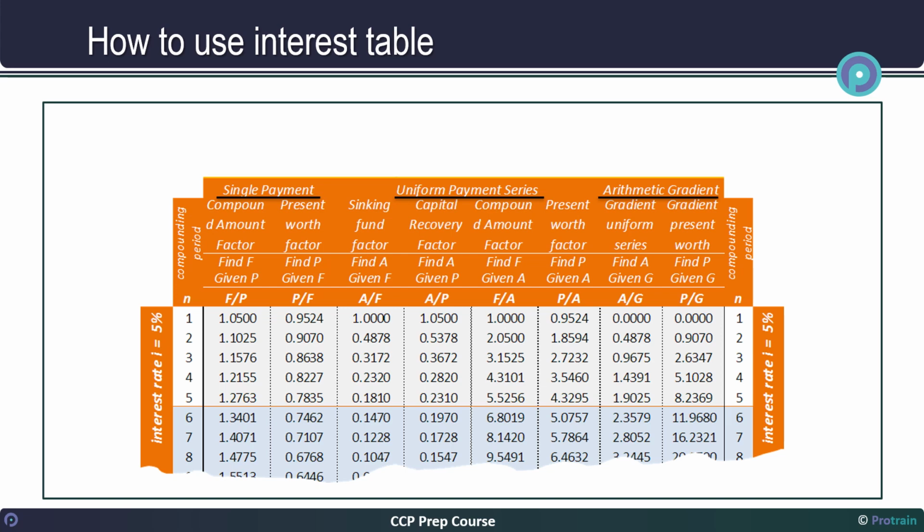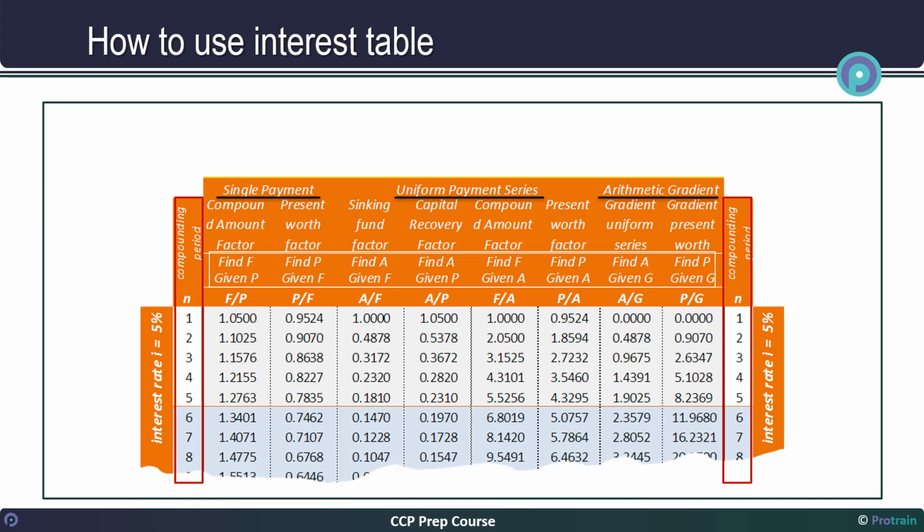We have 8 types of discount factor, starting from single payment compound amount factor to gradient present worth factor. The text now highlighted on the slide shows how to use discount factors. For example, if you want to find future value when present value is given, we shall use compound amount factor, and so on. The area now shown on the slide shows the number of discounting periods, or n.